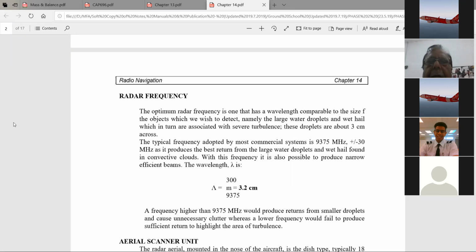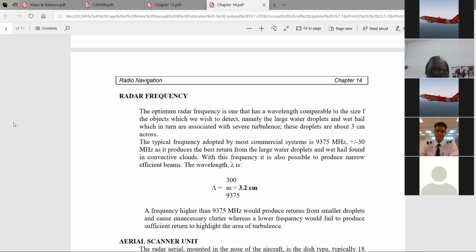Smaller water droplets. Agreed. Absolutely agreed. That means you will get the response from the water droplets which are smaller in size, and you are not interested in that because they are not turbulent. If you increase the frequency, you are decreasing the wavelength, making it smaller than 3 centimeters.